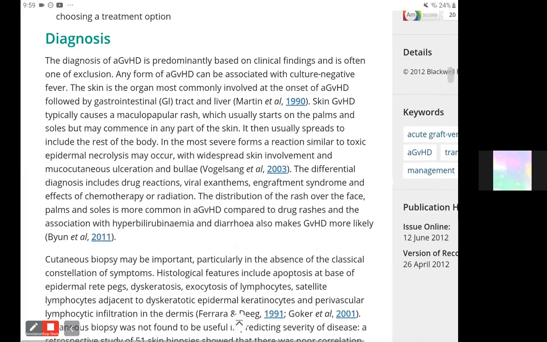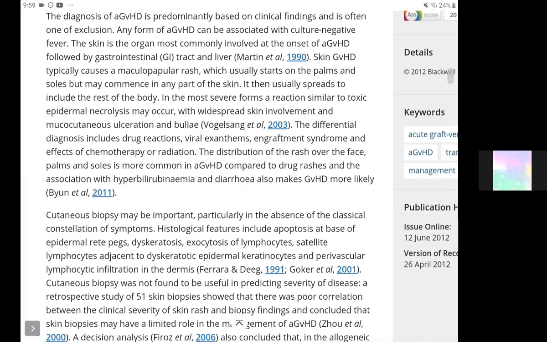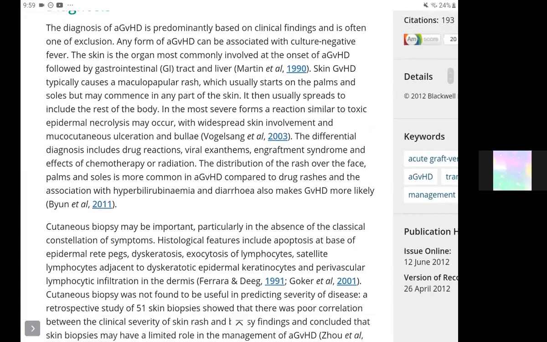Now, the diagnosis of acute graft-versus-host disease is predominantly based on clinical findings and is often one of exclusion. So, mostly we will come across a wide differential diagnosis here, as there may be infections involved, drug toxicities involved, and also other specific disorders.